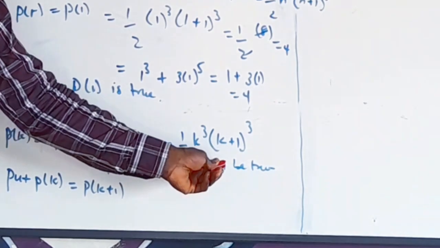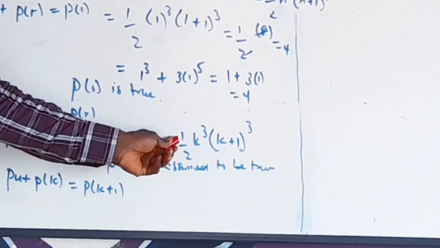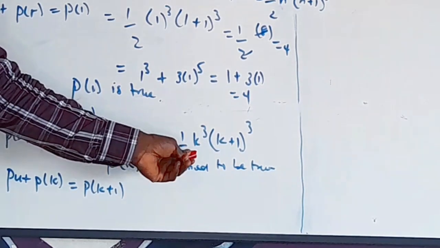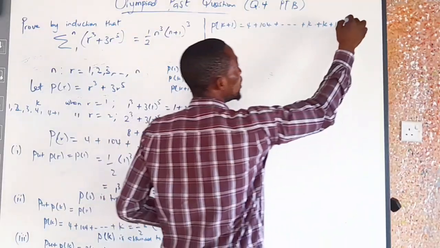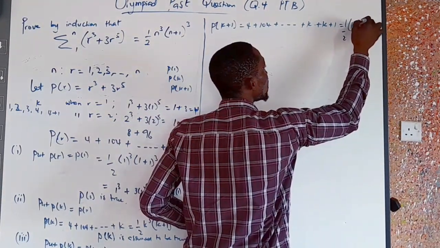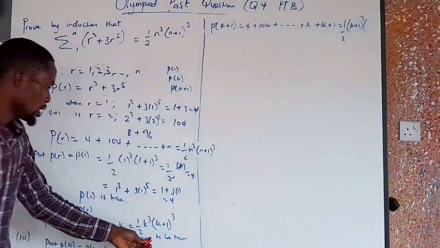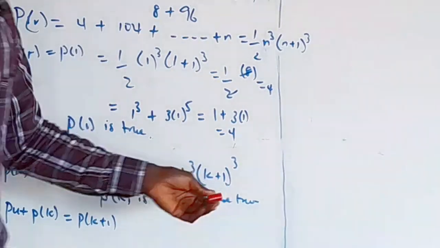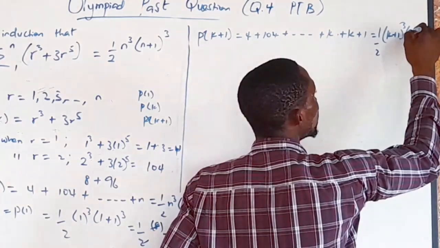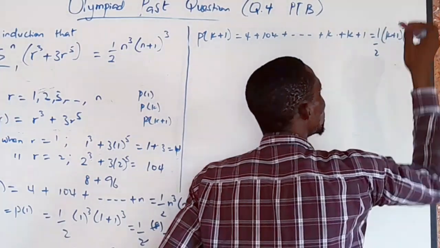This is not a series, so I can just represent straight up. That is, whatever I see k, I put k plus 1 already. So that's 1 over 2 into k plus 1 all raised to 3, then into k plus 1 plus 1, that's k plus 2, all raised to 3.